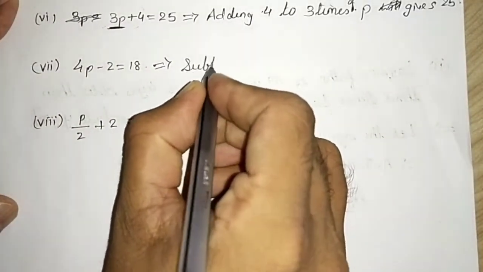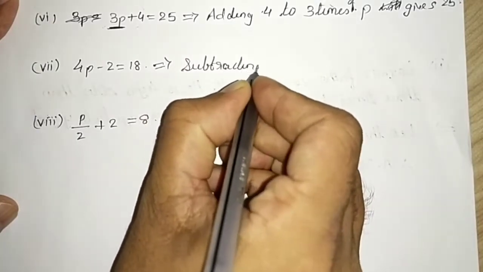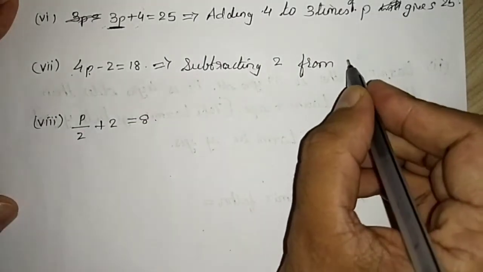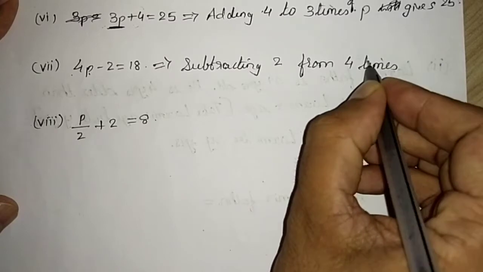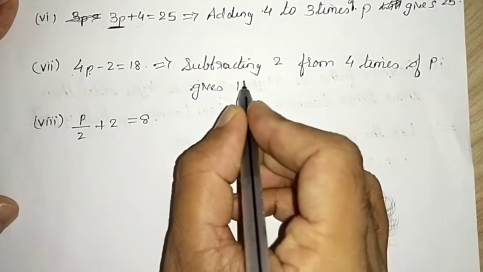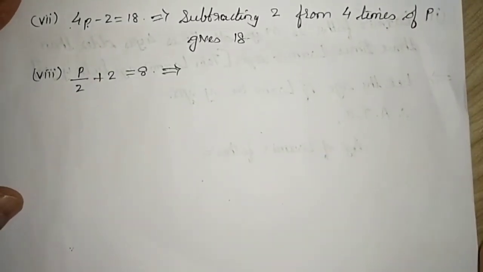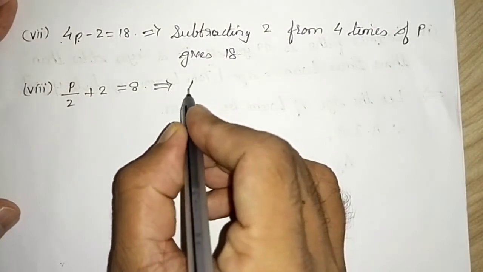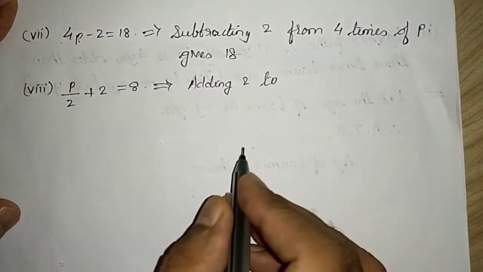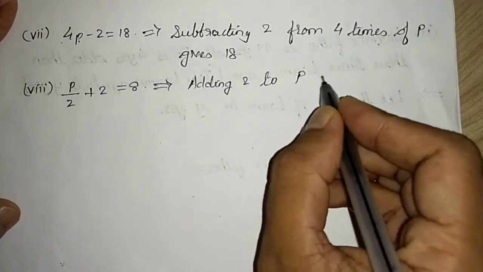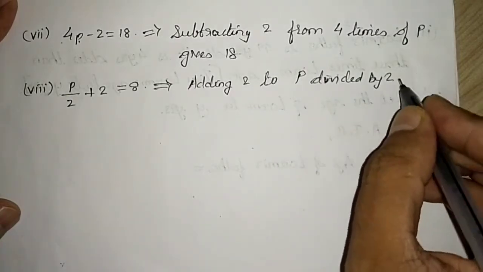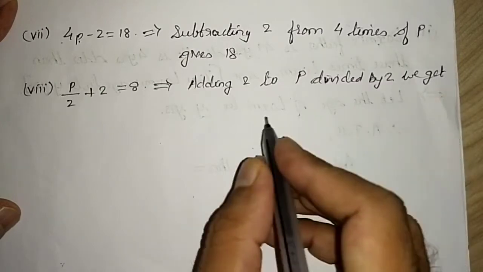Subtracting 2 from 4 times of p gives 18. Next, adding 2 to p divided by 2, we get 8.